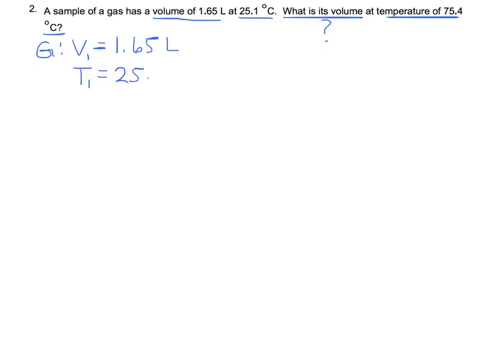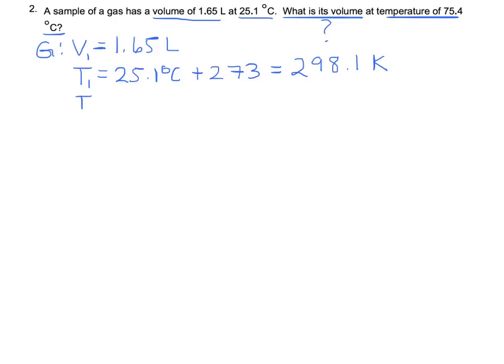Temperatures in gas law problems can only be in Kelvin to do the actual algebra in the equation, which means we need to convert Celsius into Kelvin. 0 degrees Celsius is equal to 273 Kelvin, so the easy way to convert is to just remember that you need to take your Celsius temperatures and add 273 to them. So 25.1 plus 273 is 298.1 Kelvin.